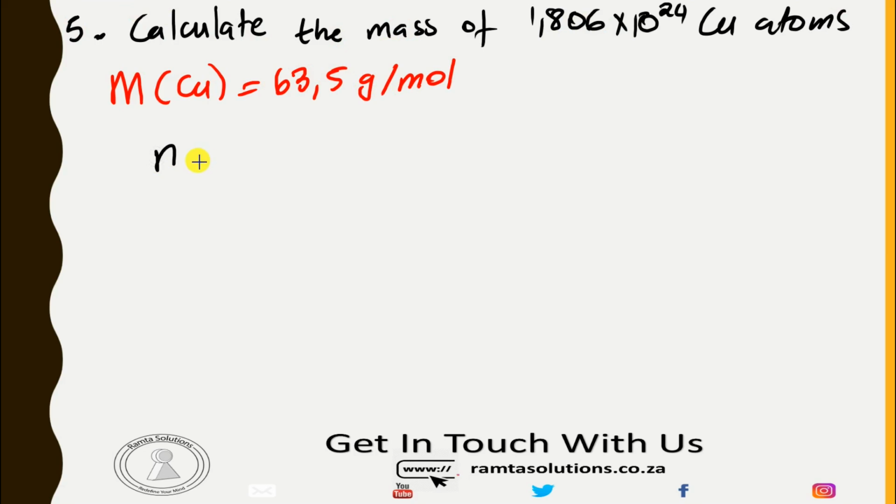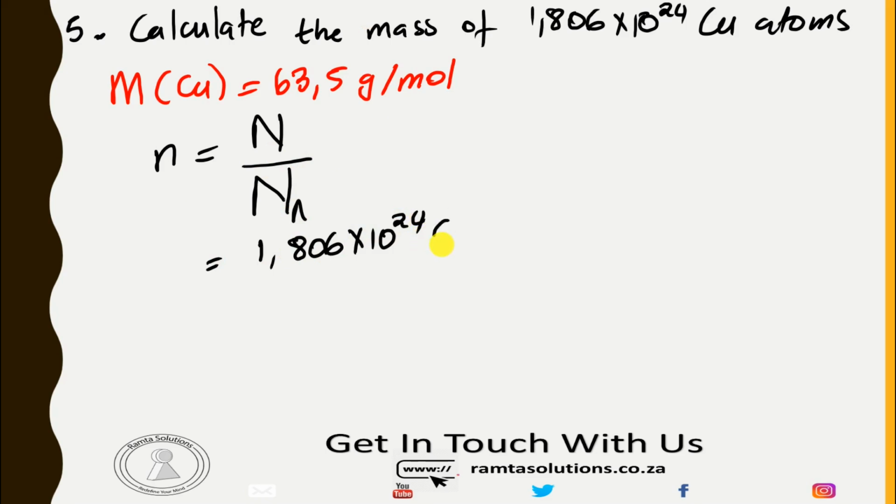Recall, number of moles equals number of particles over Avogadro's number. Now, what does it mean? Let me write going down. We have number of particles. We have 1,806 times 10 to the 24 copper atoms.